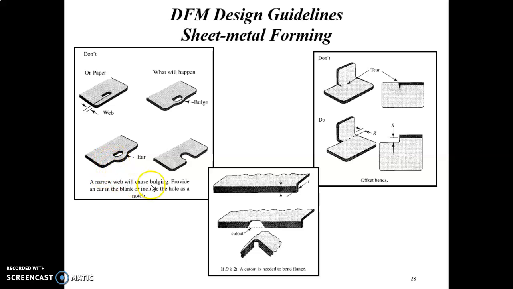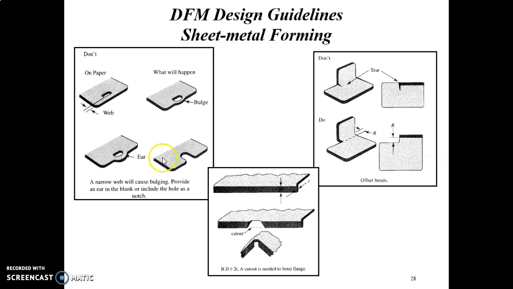A narrow web will cause bulging. What should we do to overcome this problem? As a suggestion, if the web is too narrow, the profile of the blank could be changed by adding an ear of sufficient dimension and shape to eliminate the problem.